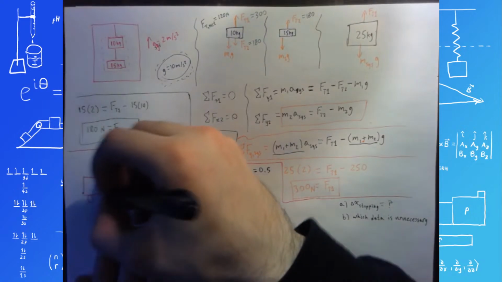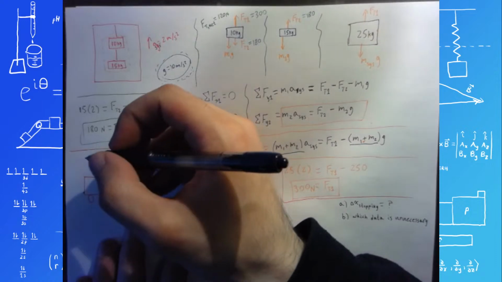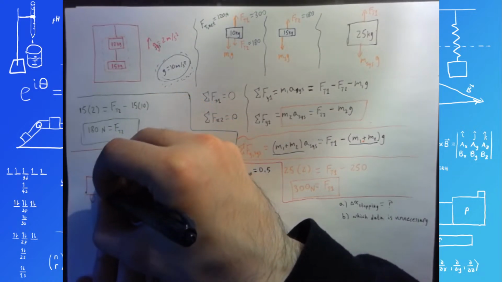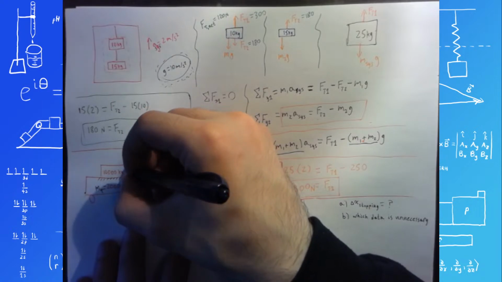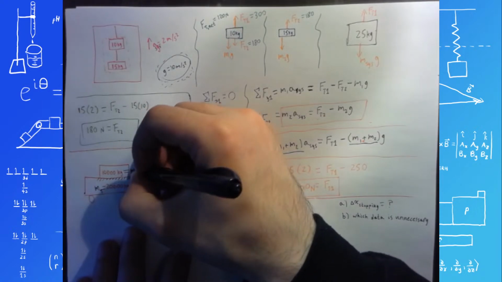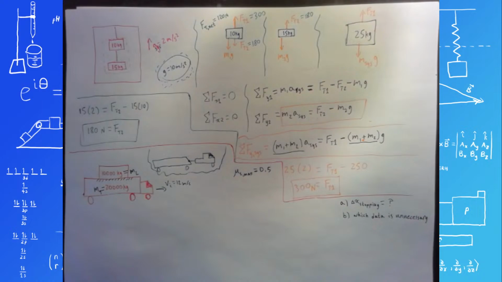So I'm going to call this MT for the mass of the truck, and I'm going to call the 10,000 kilograms ML for mass of the load, because I get the feeling one or both of those might cancel out. And then I guess start diagramming, because I'm not sure where to go next, at least not immediately.